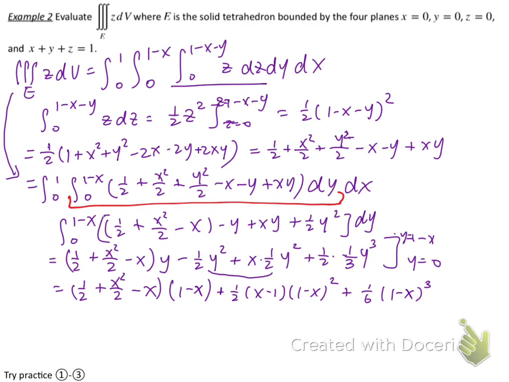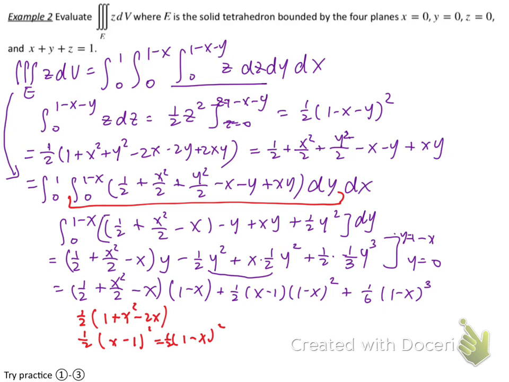The reason is I want to show you that I have pretty much the 1 minus x to the third. And this, if you pull out the 1/2, this will be 1 plus x squared minus 2x, which is 1/2 x minus 1 squared, or 1/2 1 minus x squared.